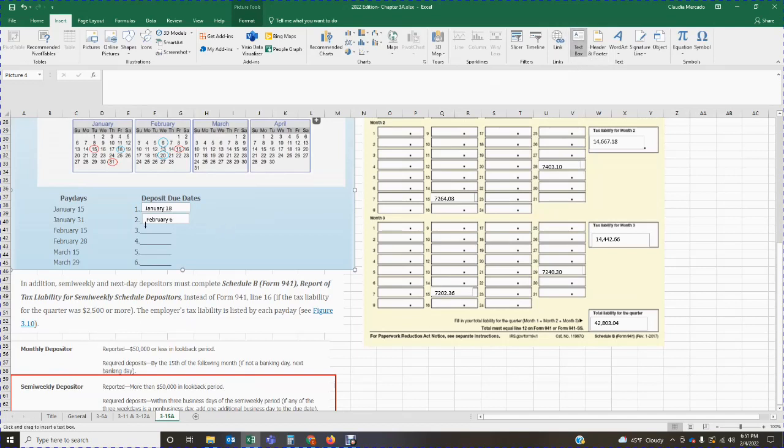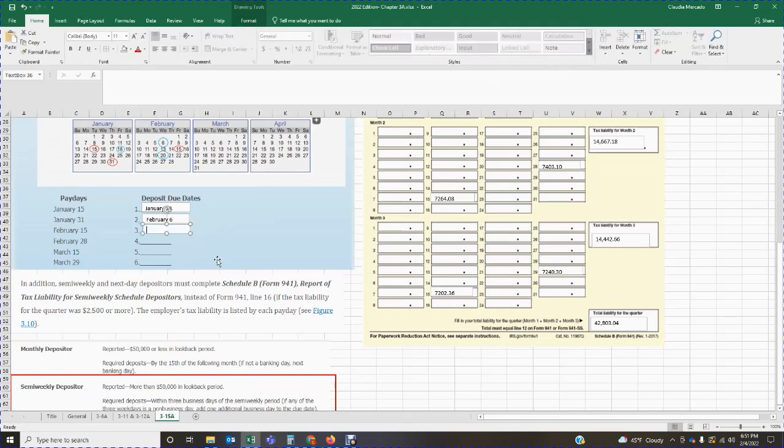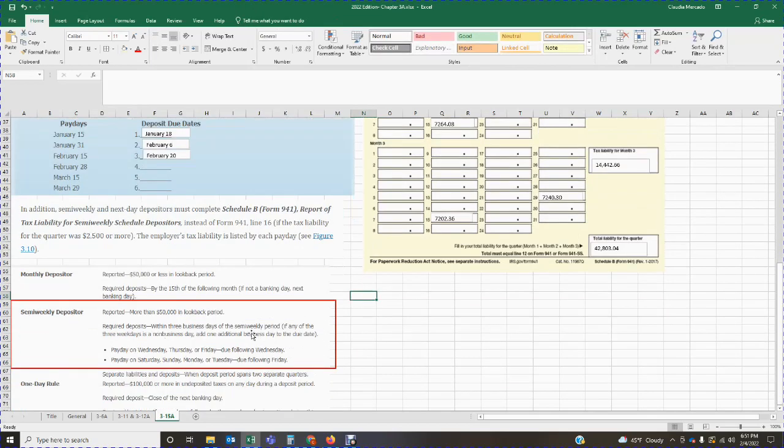And that's what basically you have to do. Just look at the calendar, figure out what day the payday is, and then based on that day, you go to your table and identify, is it a Wednesday, Thursday, or Friday? If it is, then the deposit is due the following Wednesday. If the payday is on a Saturday, Sunday, Monday, or Tuesday, then the deposit is due on the following Friday.